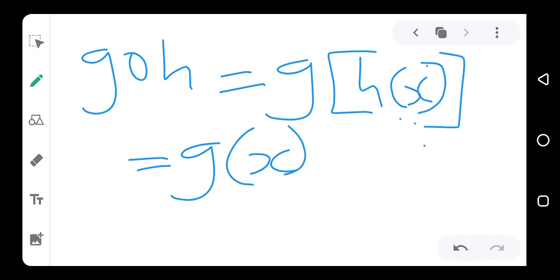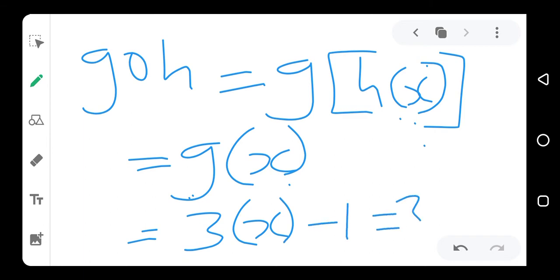So we go to g of x, and every x there, we replace it by x. It is still going to give us the same thing. So g of x is 2x minus 1, which is equal to 2 brackets x minus 1, which is 2x minus 1.